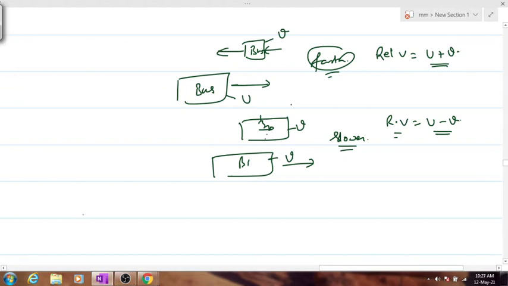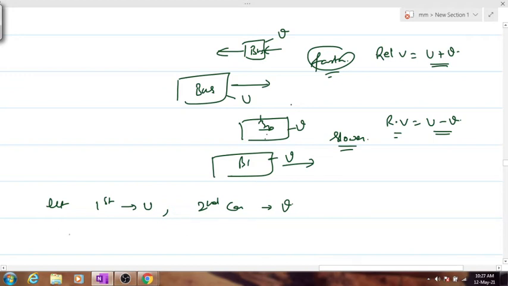Now, if we consider the first car's velocity, the statement I'm not writing, the statement will be written out there. If we consider the first car's velocity as u and the second car's velocity as v, okay?